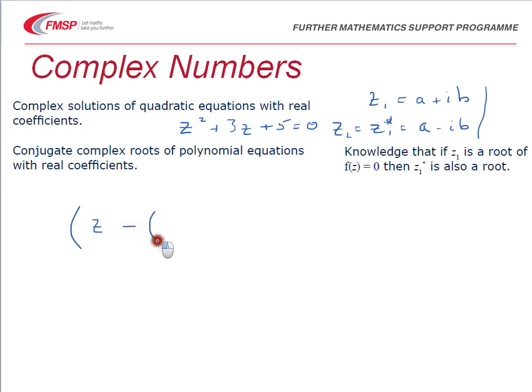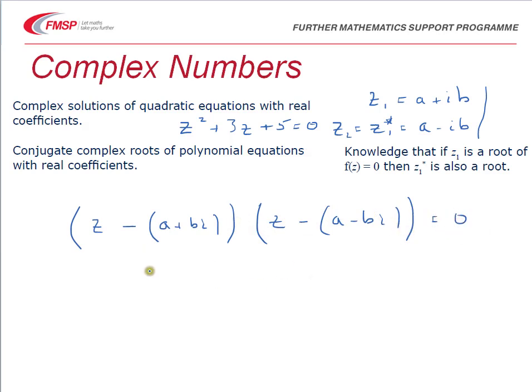So z minus (a plus bi) and z minus (a minus bi). And when you multiply this out, this would be equal to 0, that's our quadratic.